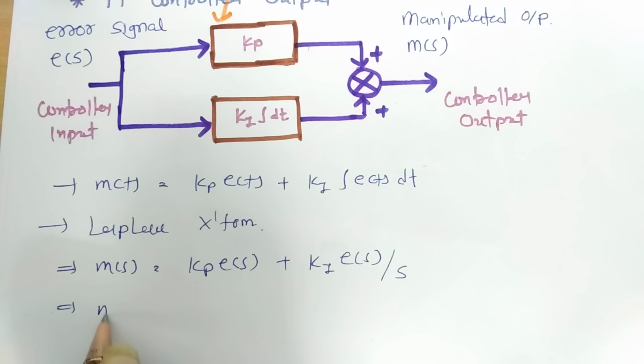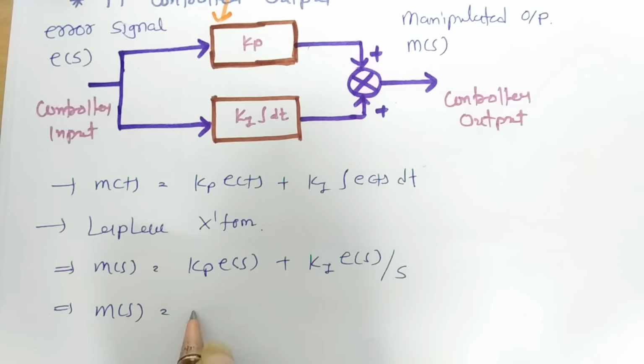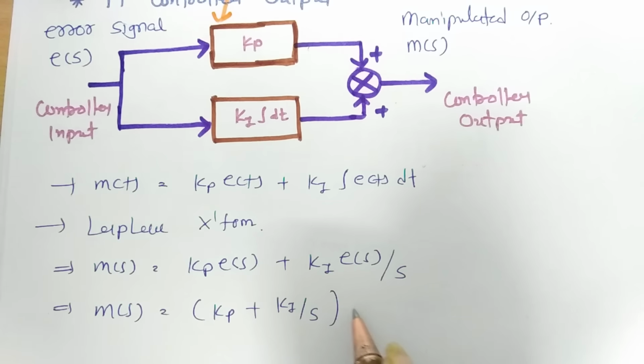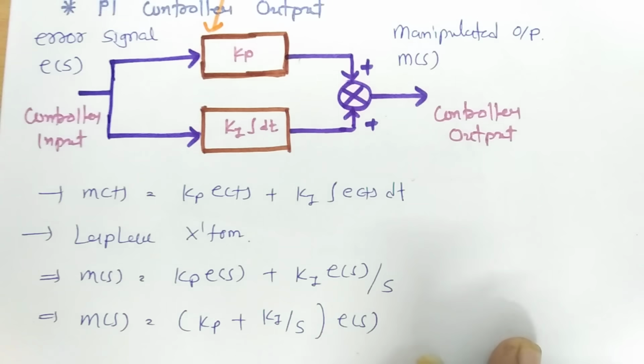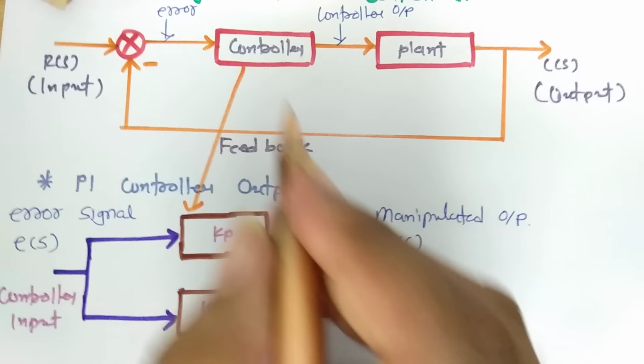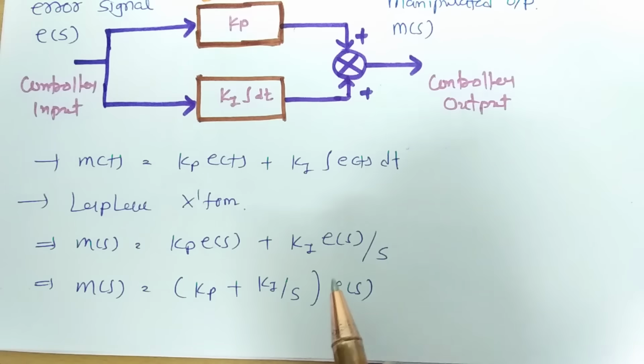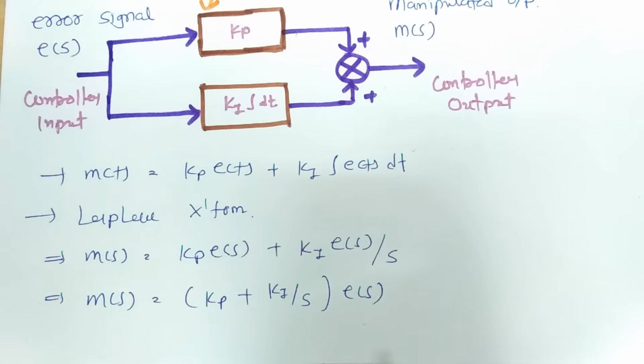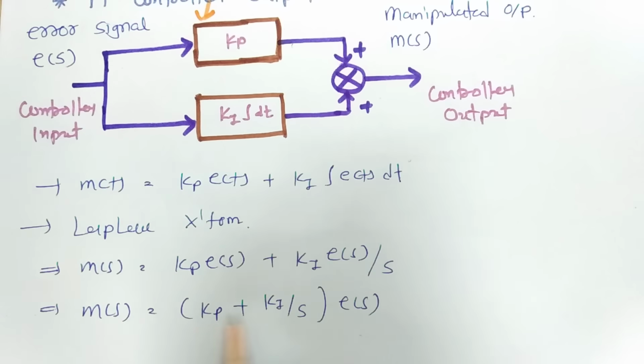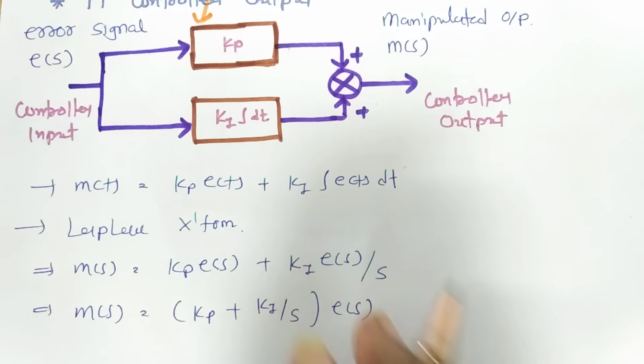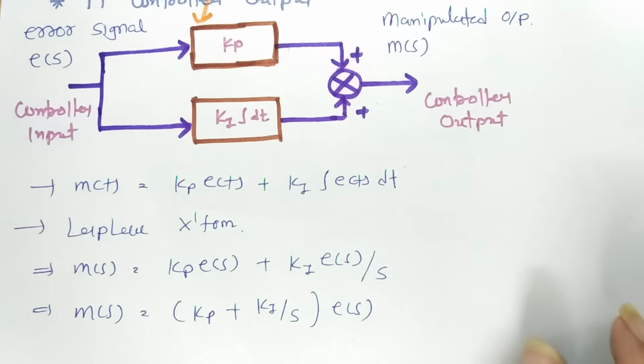So this is M(s), that is Kp plus Ki by s into E(s). So ultimately a controller block which is over here, that is what exactly Kp plus Ki by s. So this controller block portion, that is what Kp plus Ki by s in case of PI controller.